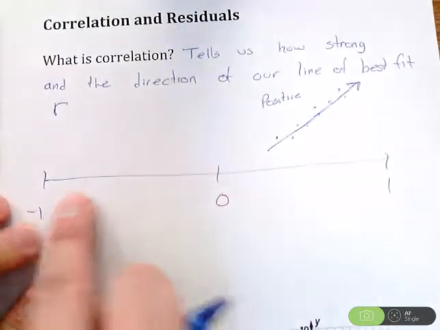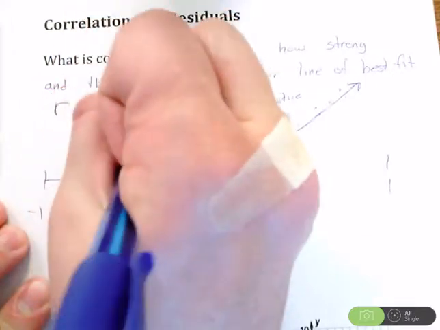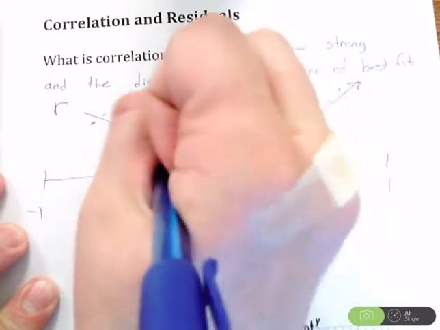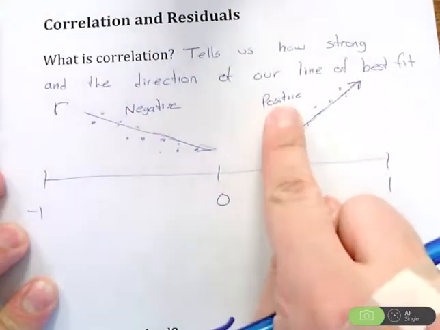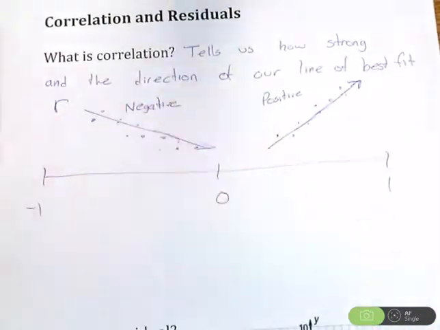If R is negative, then our scatter plot trends downwards and has a negative slope, so it's coming down. So if the number is positive, the direction is positive. If R is negative, the direction is negative. That's how we know what direction we're going.